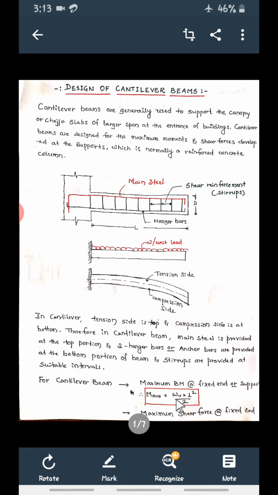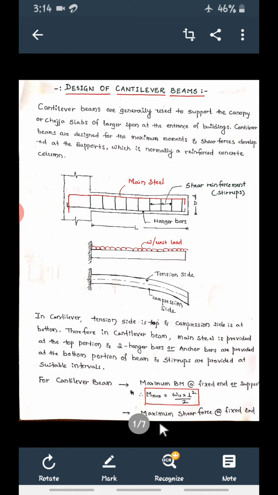But for a cantilever, where is the maximum bending moment? At the supports, and it is given by WL square by 2. Remember, WL square by 2. This is the maximum bending moment at the fixed end, or at the supports.